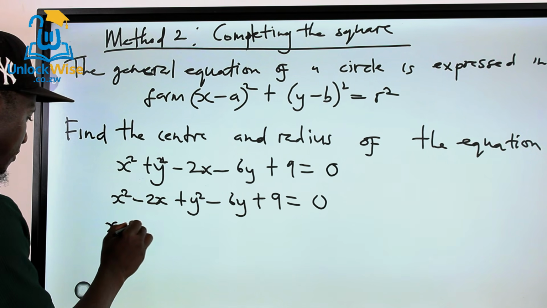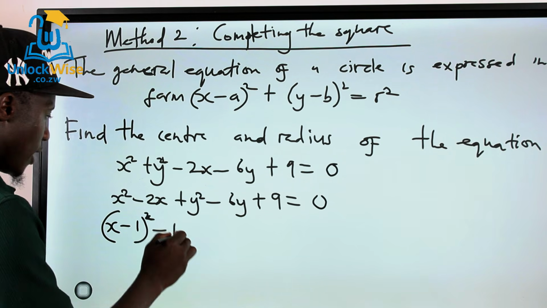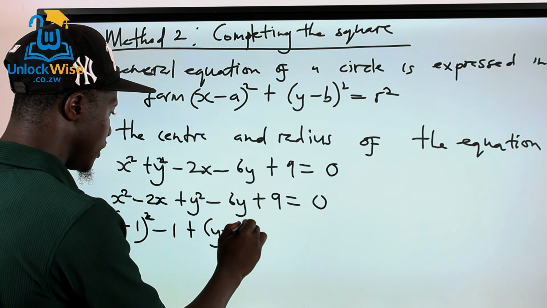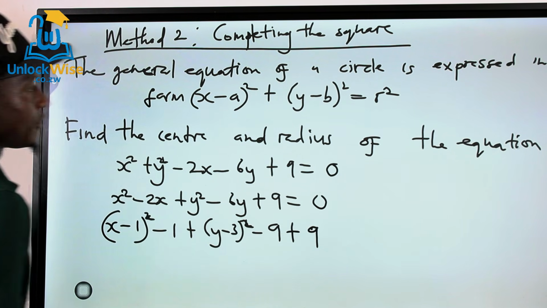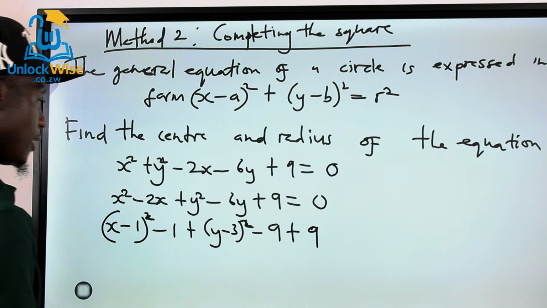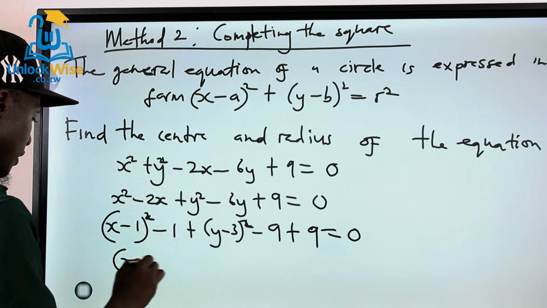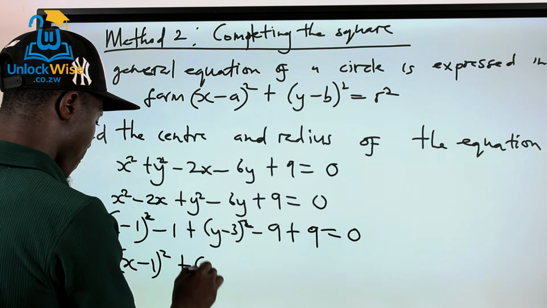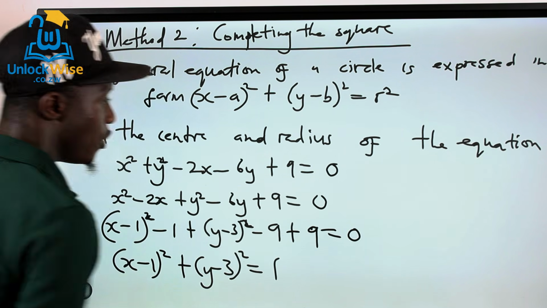So that's (x minus 1) squared minus 1 plus (y minus 3) squared minus 9 plus 9 is equal to 0. So it becomes (x minus 1) squared plus (y minus 3) squared is equal to 1.